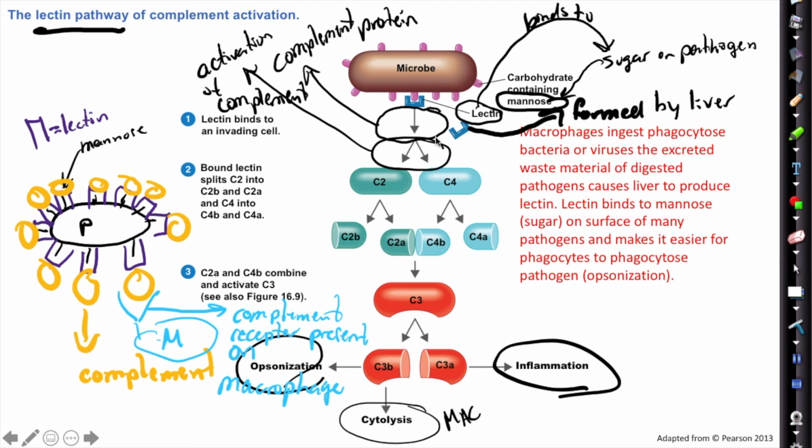So the lectin pathway: lectin, which is made in the liver, binds to mannose, which is constantly found on the surface of pathogens. That lectin can then bind the complement proteins, which leads to the cleaving cascade, which is opsonization, cytolysis, and inflammation at the end results. And so this just shows you that if you have mannose bound, you can bind a whole bunch of the complement system as well around it.